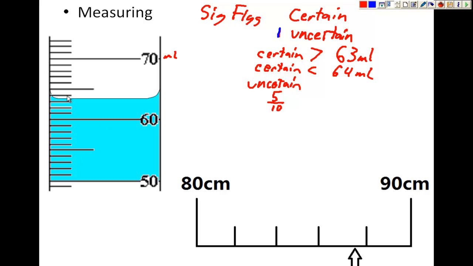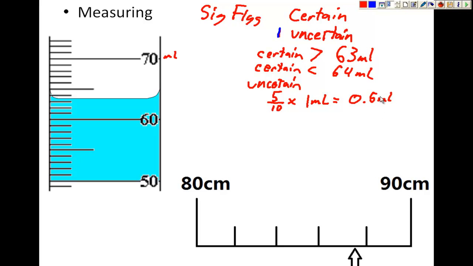Rather than writing 1 over 2, I usually put this in tenths. So it looks to be about 5/10, and I'm going to multiply that by the amount of one division, and one division right here is 1 milliliter, and that's just simply 0.5 milliliters.